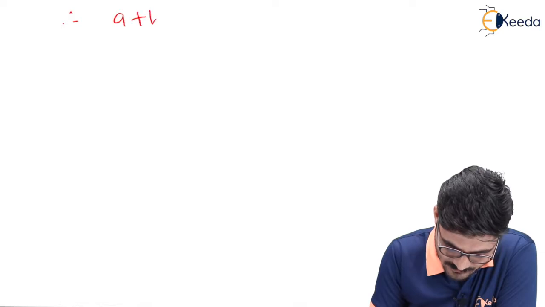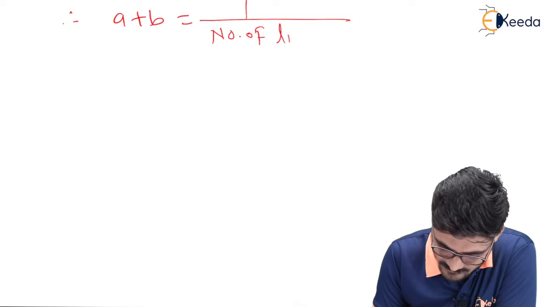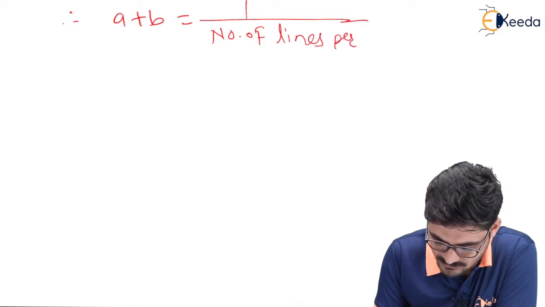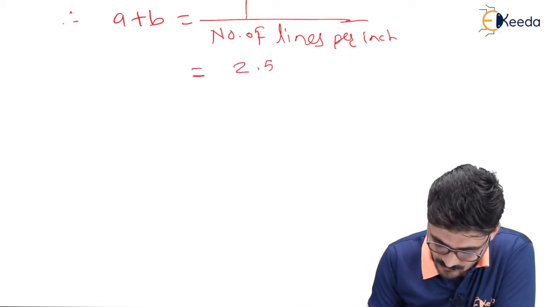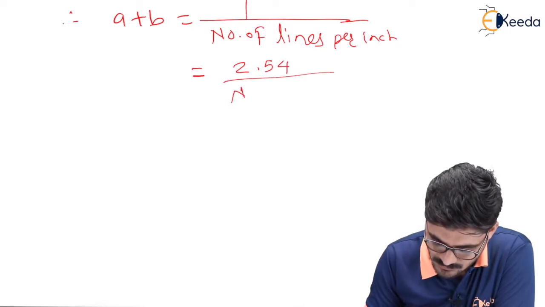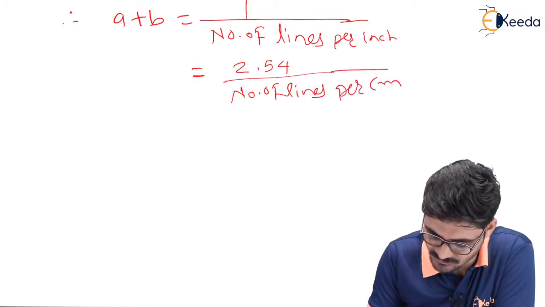So this is our given data, and how to solve it? The number of lines per inch and number of lines per centimeter tell us about the grating element. Therefore a plus b is 1 upon number of lines per inch, and to convert inch to centimeter it is 2.54 upon number of lines per centimeter, right?